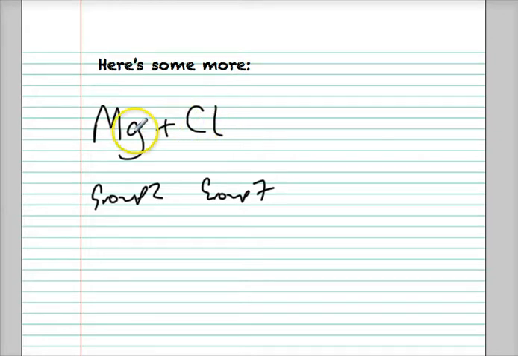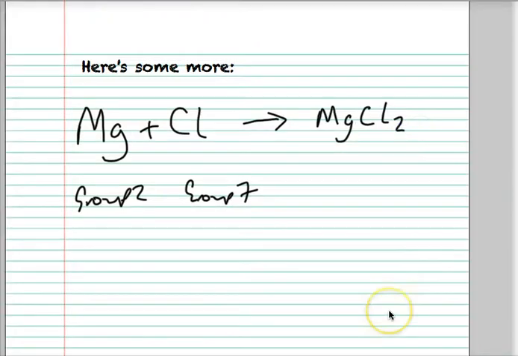So again, magnesium will need 2 chlorines to satisfy itself. Mg plus Cl2. Now, so that this equation balances, I need to look at the number of atoms here. We've got 1 magnesium, 1 chlorine, 1 magnesium on the right, 2 chlorines, so something's not right there. But it so happens that chlorine, as a gas, always goes around in pairs, so I need to write Cl2 here, 2 chlorines together. Now we can see that this equation balances nicely.